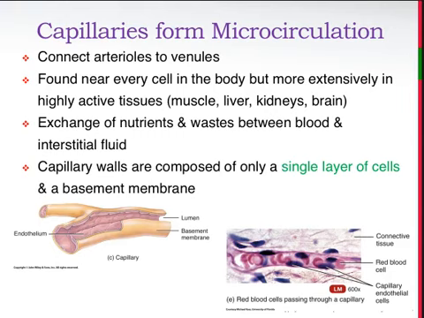And if you're stretching your brain, trying to remember what that's called, it's called endothelium. So what we have here at this capillary is a layer of endothelium surrounded by a basement membrane, and that is all that comprises our capillary.